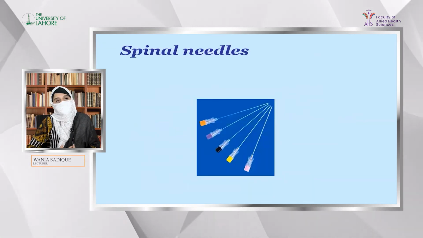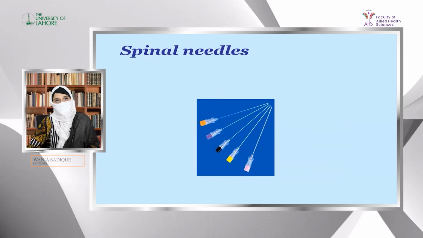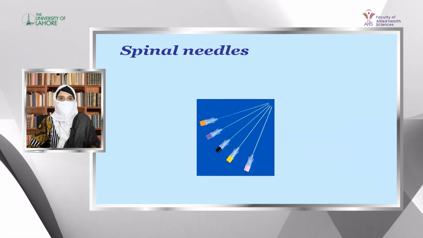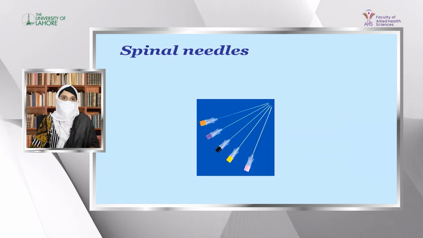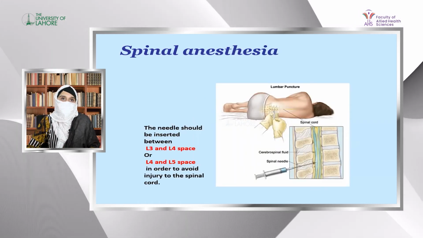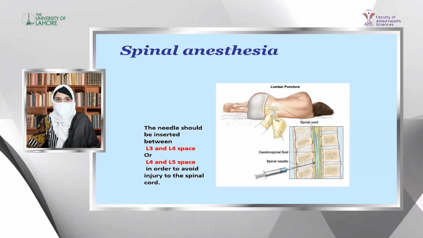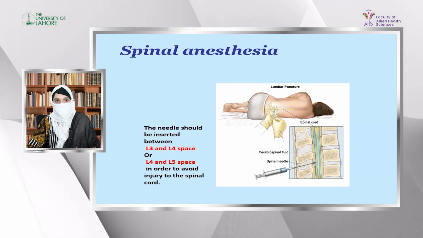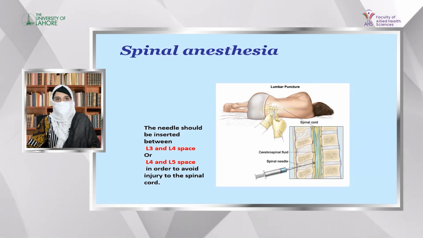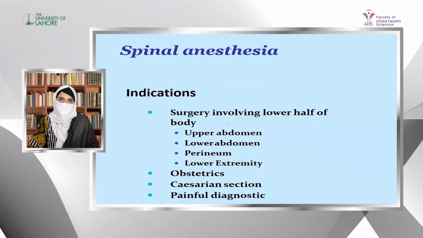These are the spinal needles of different lengths and different colors, like orange, purple, black, yellow, and pink. Spinal anesthesia is usually performed by inserting the needle between the L3 and L4 space, the lumbar region of the spinal cord, and sometimes into L4 and L5 in order to avoid injury to the spinal cord.